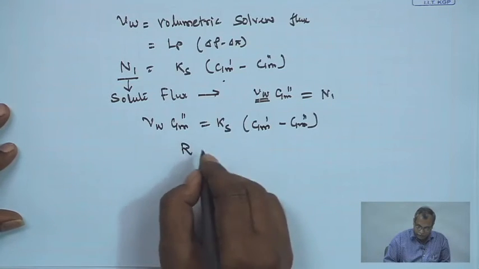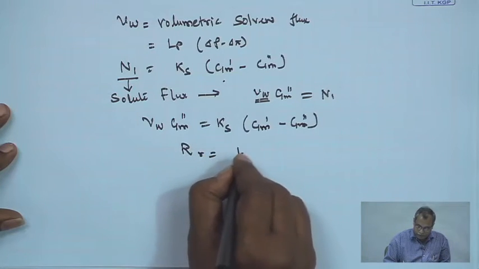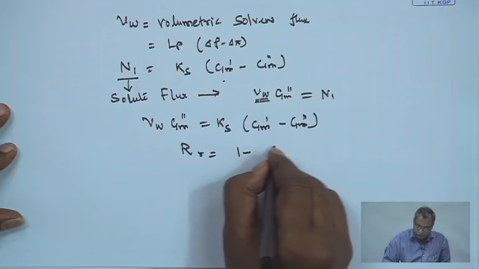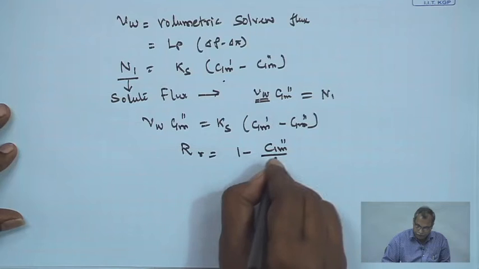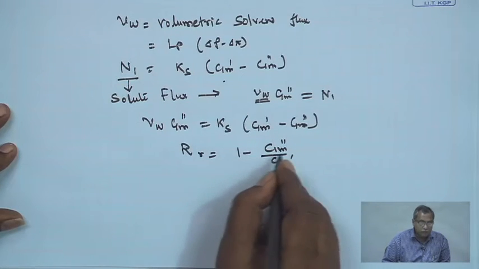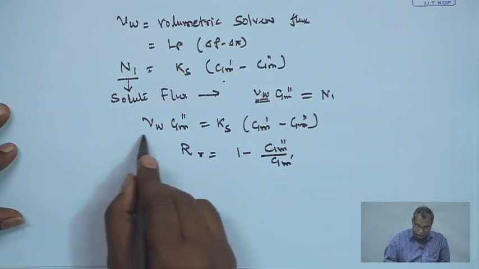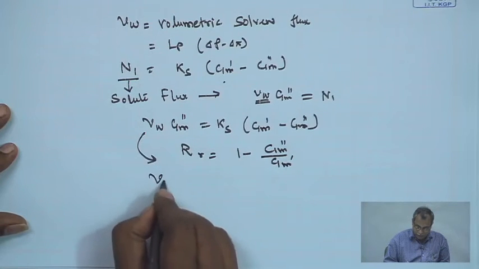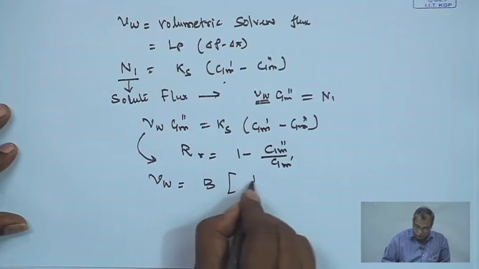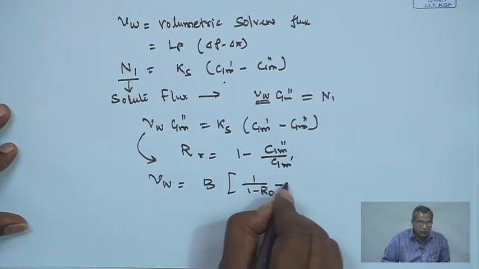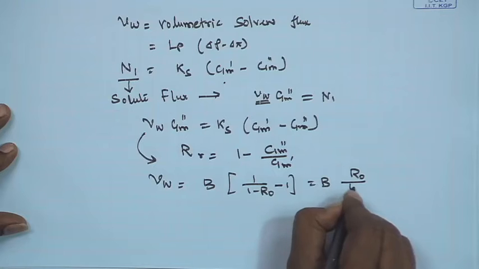In this case it will be real retention, and the real retention is basically 1 minus C p over C1m prime. C p is the solute concentration in the filtrate side. So, if you really do that and express the permeate flux in terms of this, you will be getting V w is equal to B R naught divided by 1 minus R naught.